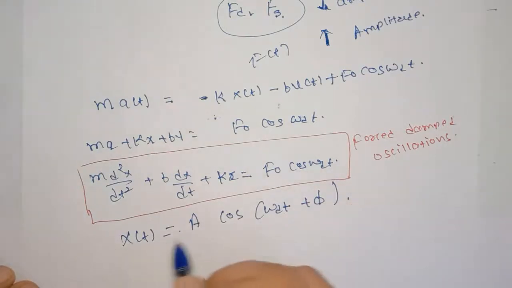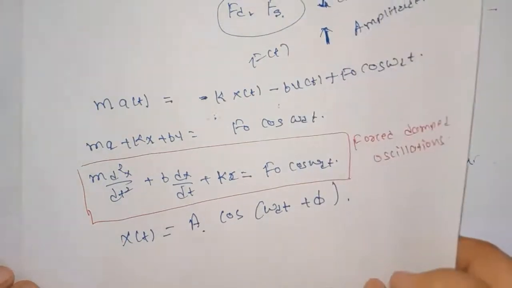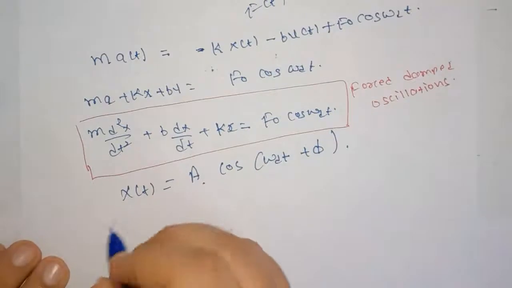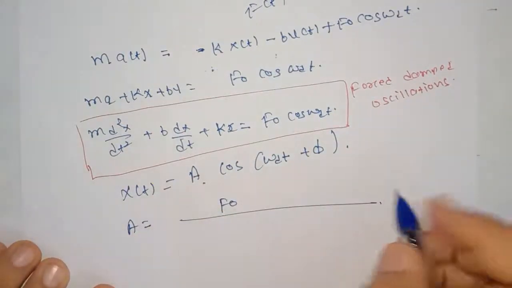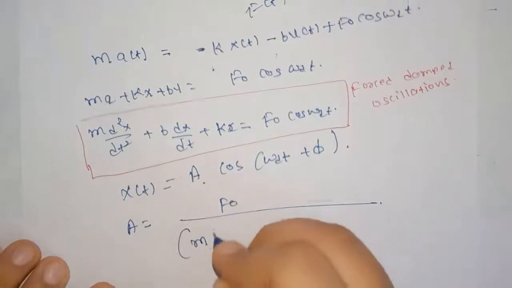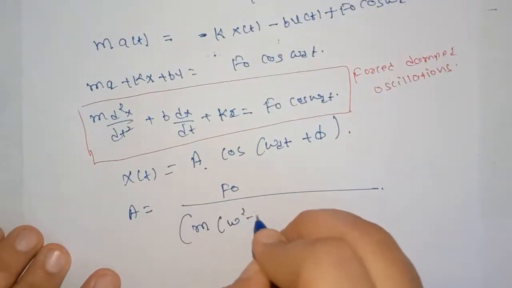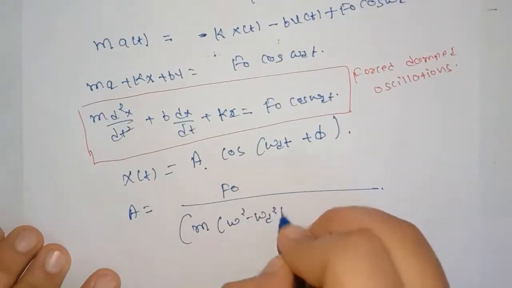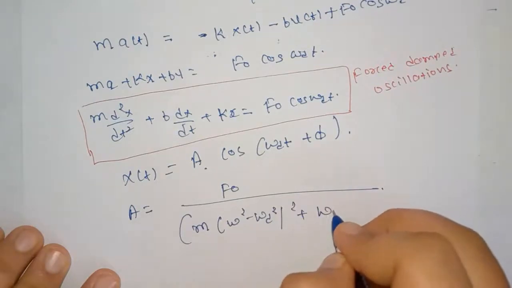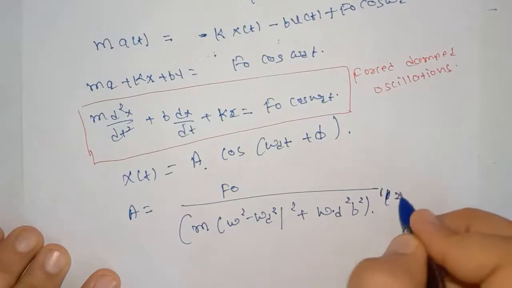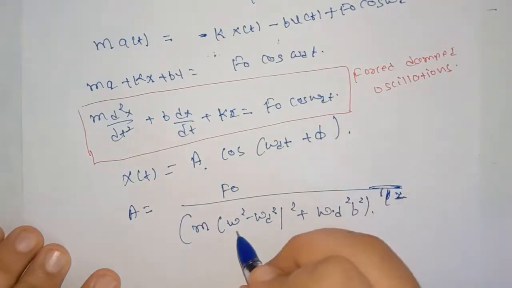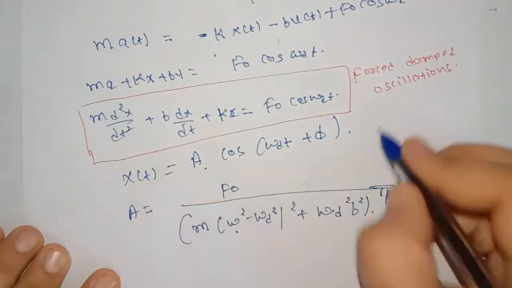And the amplitude as a function of f naught and omega d is given by f naught upon m times the quantity omega square minus omega d square, whole square, plus omega d square b square, whole power 1 by 2. Here omega is the natural frequency of oscillations.